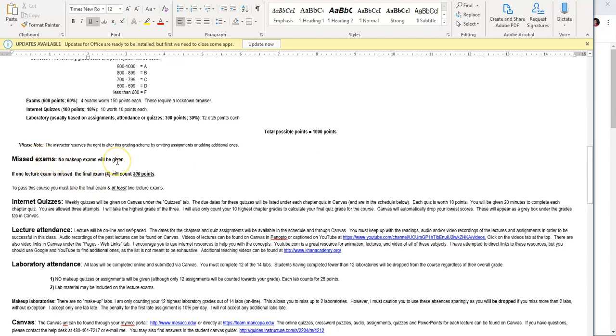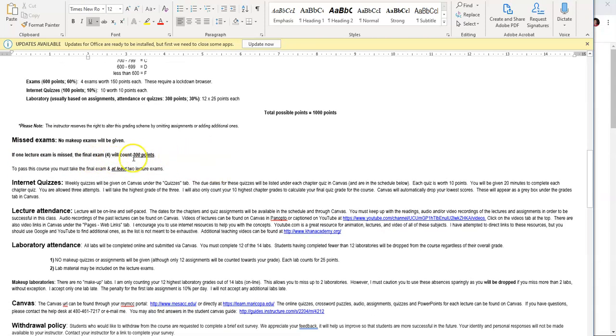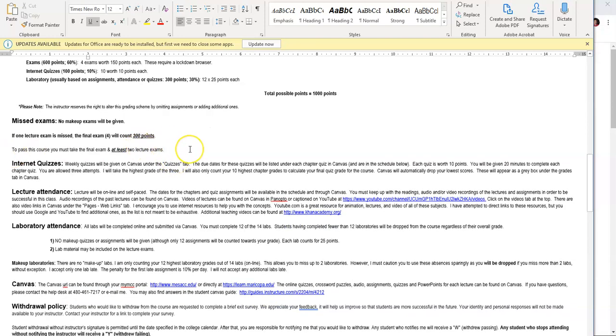I don't give makeup exams. It's too hard to do that, especially in this situation, and to make an entire new exam for one student is unreasonable. So if you miss an exam, if you have a valid excuse, then I will allow your final exam to count twice. That way, the final will be worth 300 points instead of 150.